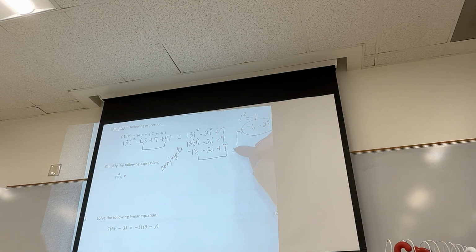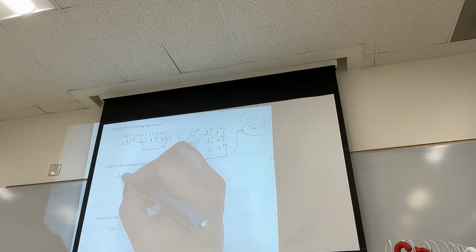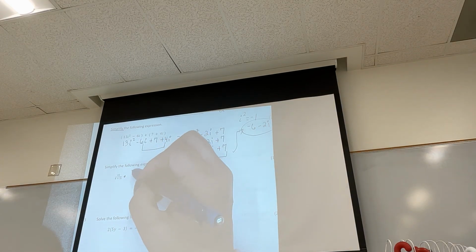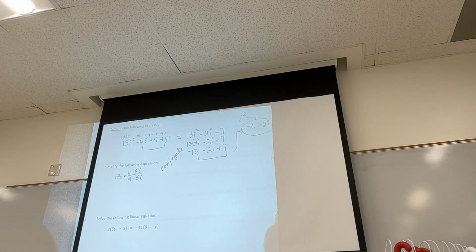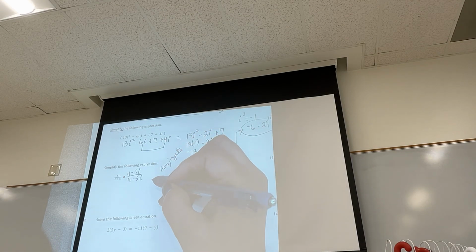The imaginary part. So we would multiply 41 times 4 minus 5i, my conjugate of 4 plus 5i. And in math, what we do to the top, we do to the bottom. Yes? Okay. So now we're really multiplying versus dividing, yes?